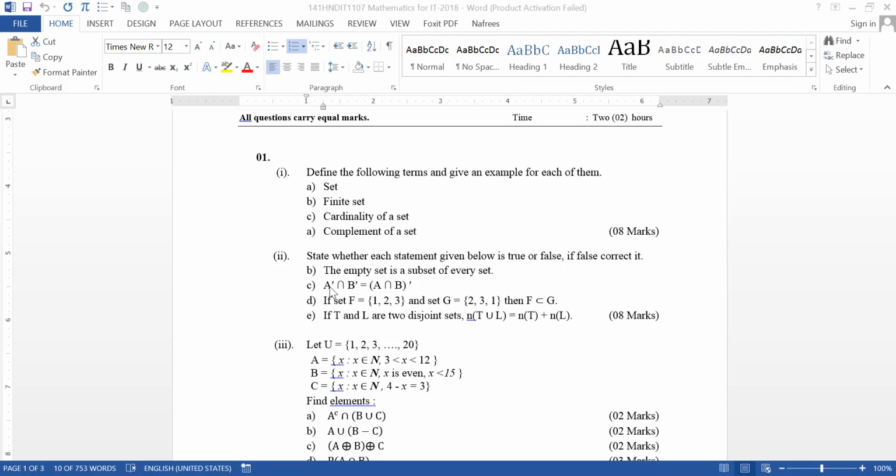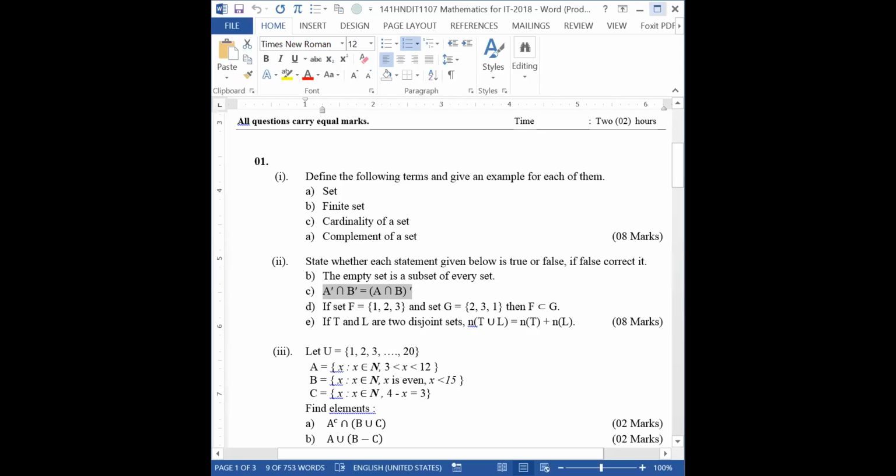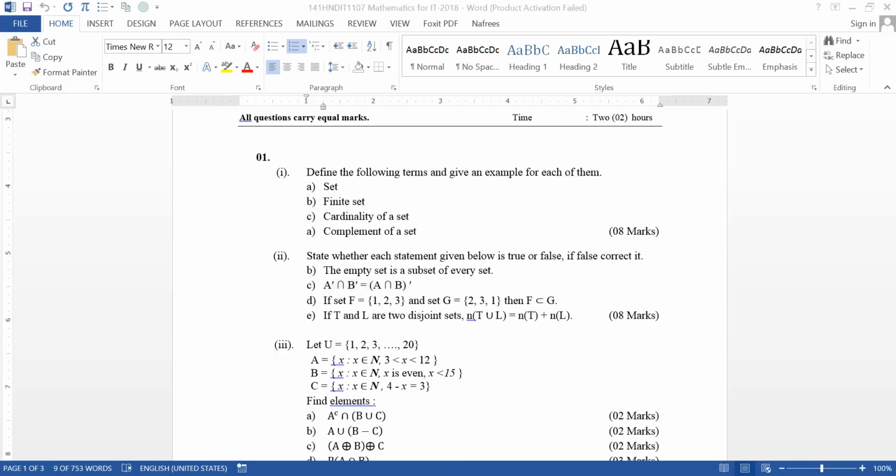Look at the second one. Is this a correct equation? Is it true or false? Any other answer?